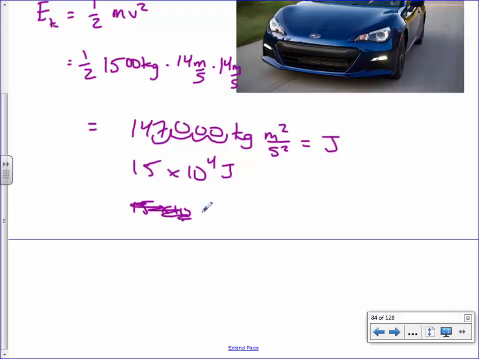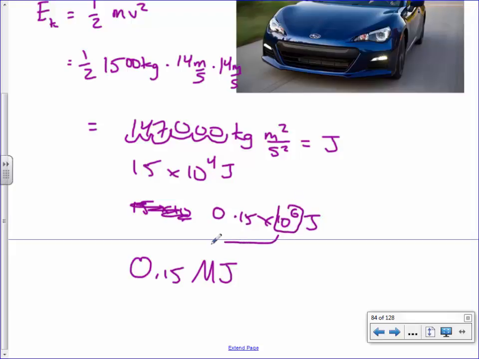Mega is times 10 to the 6? Mega. Okay, so maybe what I might do is move this over 4, 5, 6 times, make it 0.15, and call it a megajoule. You could do that if you wanted. So I really made it 0.15 times 10 to the 6 joules. And then a 10 to the 6 is a mega. Either of those would be valid. Whichever one you like better.